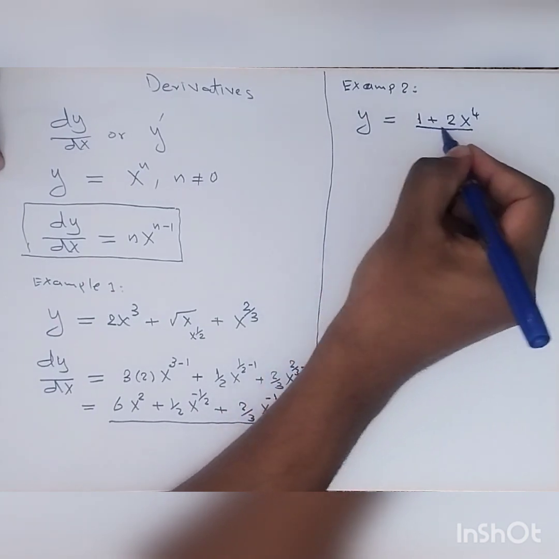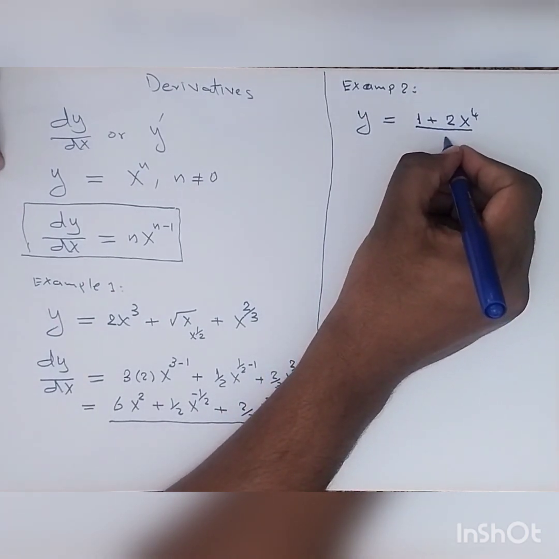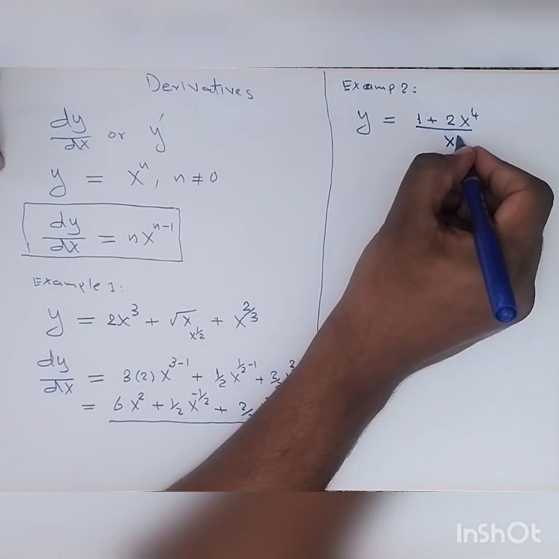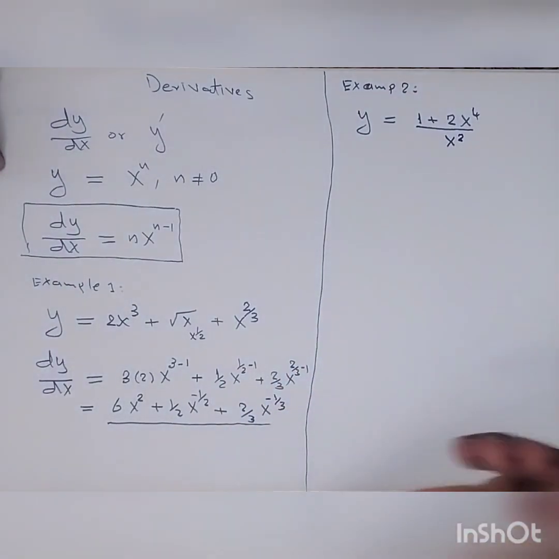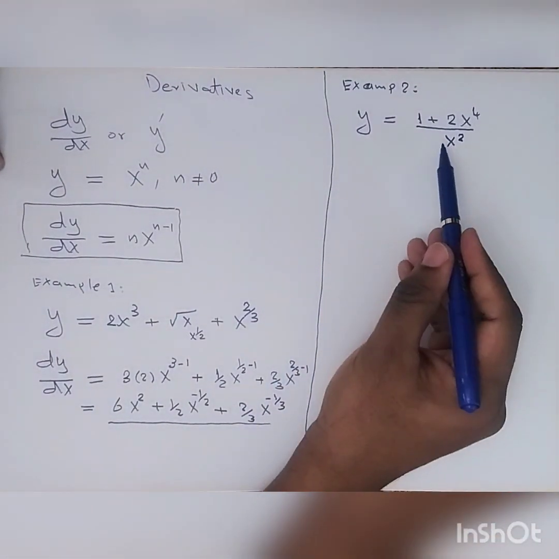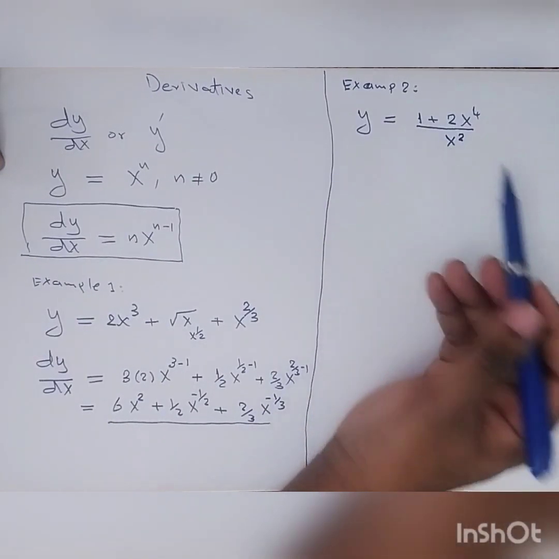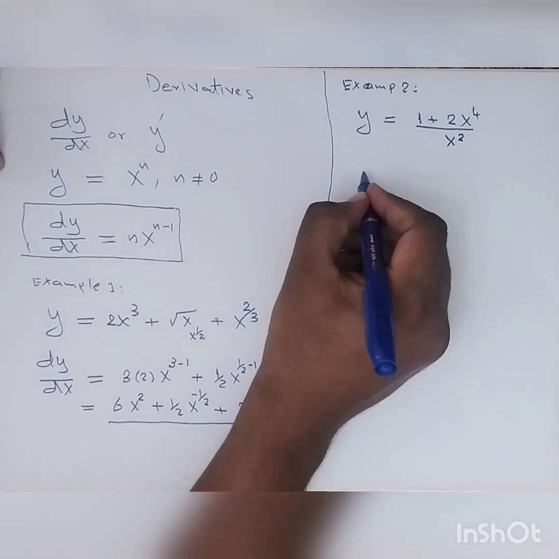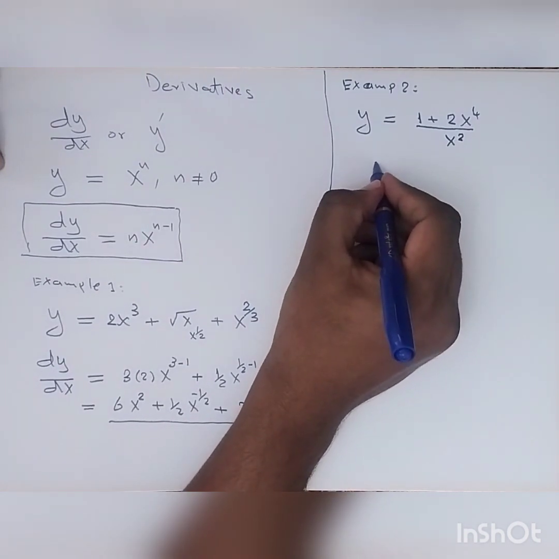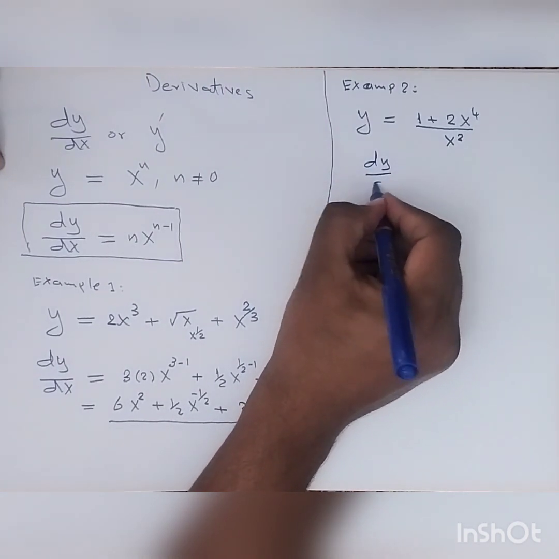Everything here is divided by x squared. Of course, if you are already familiar with derivatives, you can use the quotient rule, but here it is not needed. So what we would like to find is dy by dx.